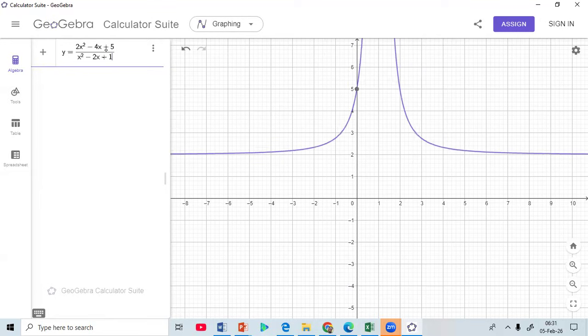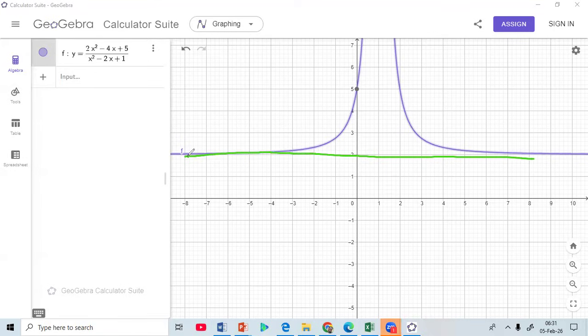That's how our graph looks like. And now you can notice that at 2 here, where we have 2, it does not touch it. And therefore, that's why we say that our range for this value is y greater than all these values that are greater than 2. So that is how we obtain our range.